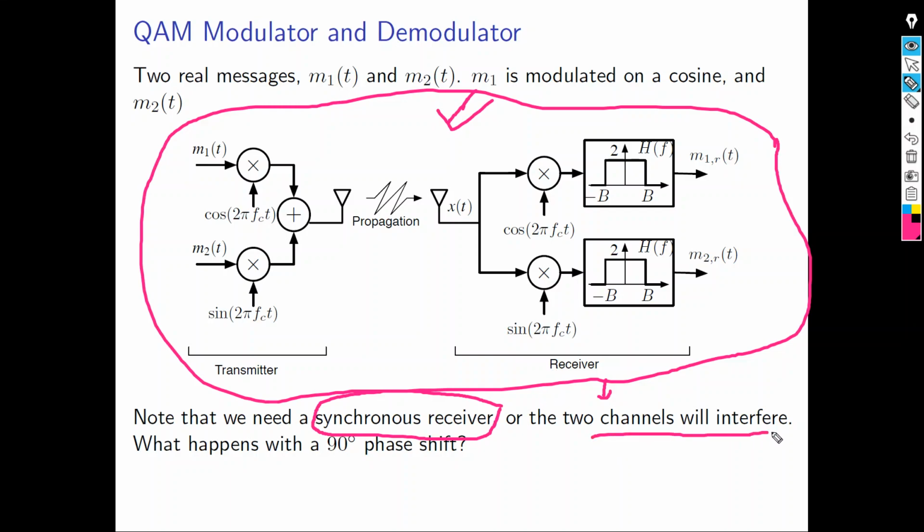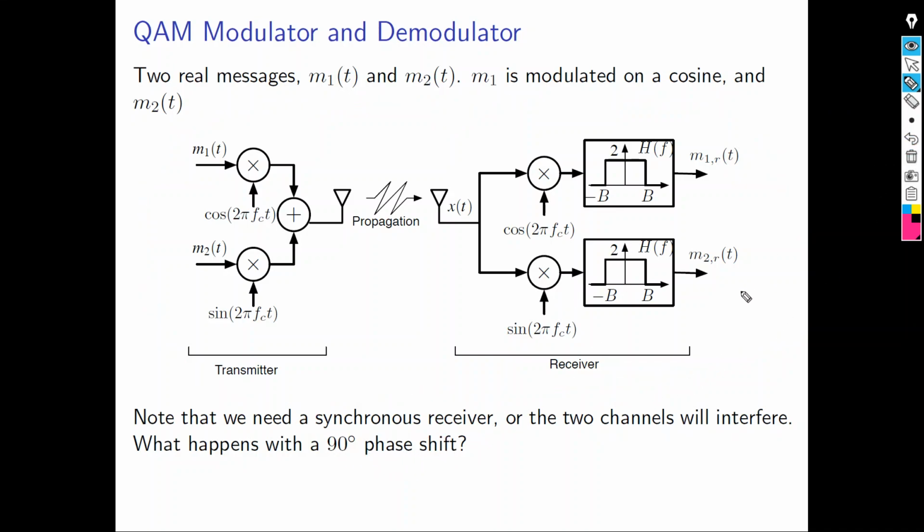Or the two channels will interfere with each other and cause some performance degradation. With a 90 degree phase shift, the signals will cancel each other totally. You will not be able to receive your message signal at all. So you must be careful. You must make sure that those carriers have the same phase shift.